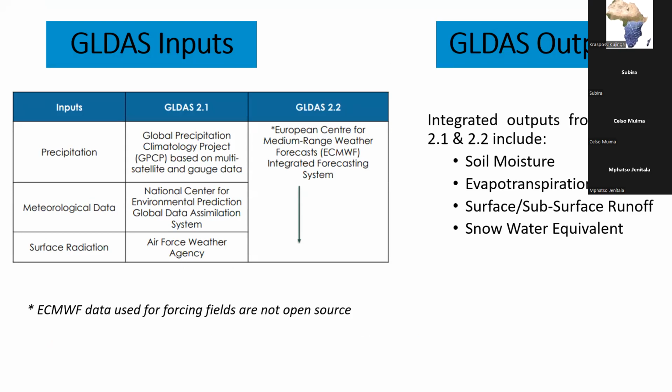Now, things like soil moisture and evapotranspiration, most of the time we are not measuring. So GLDAS is a very useful model that will give us data, and this data is freely available on Giovanni. So you can easily look for this data, and today we'll take you through how to get hold of such data. Next slide.